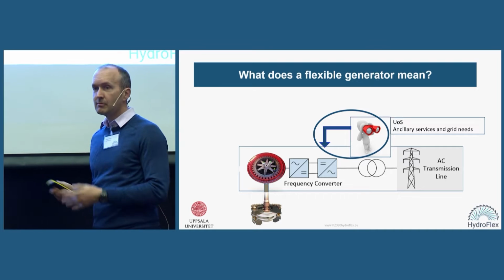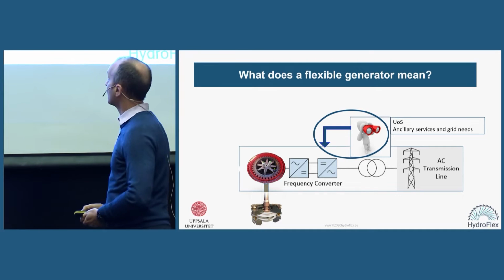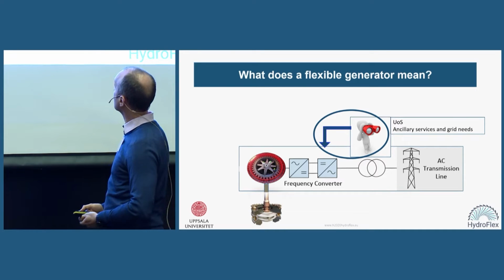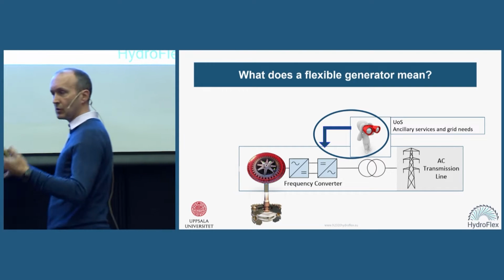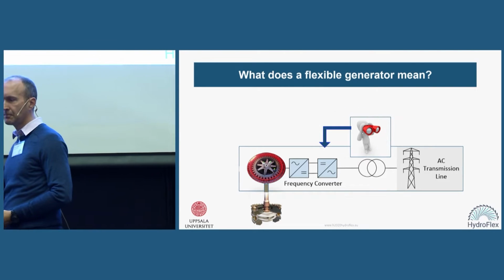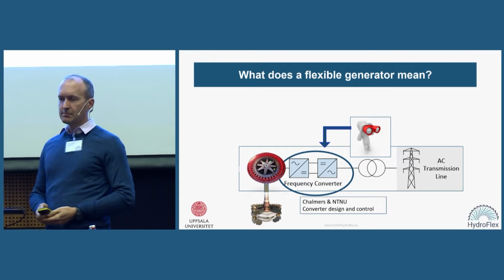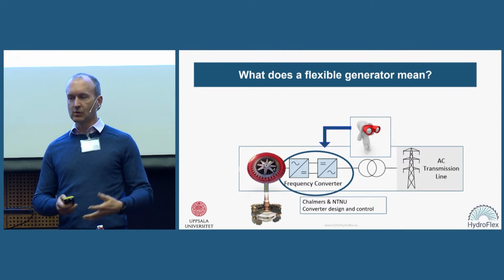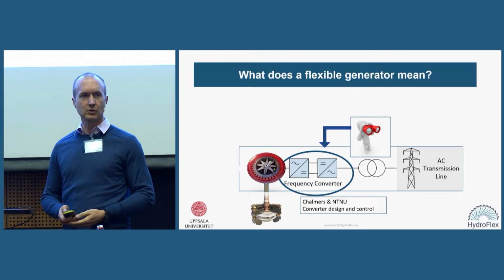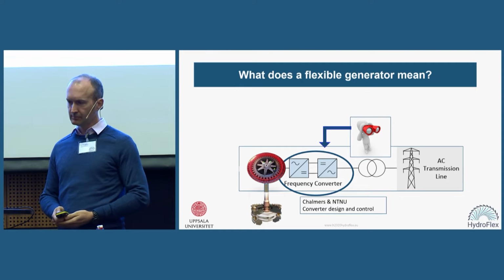So just to place people in different boxes here, we have University of Strathclyde looking at the ancillary services and the grid's need on this overall controller structure. For the converter, we have Chalmers and NTNU. We've been looking into both the design of the converter and the control of the converter, machine side control.